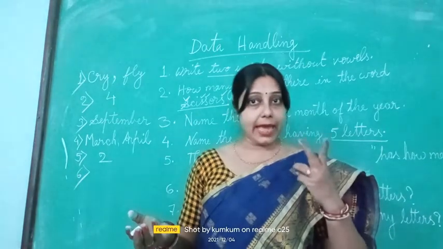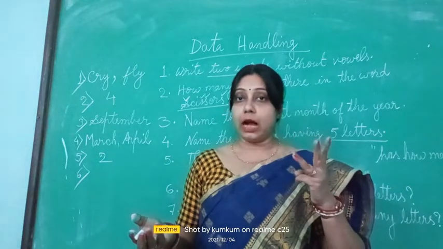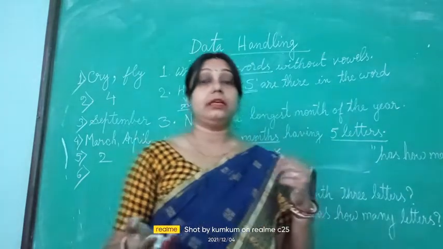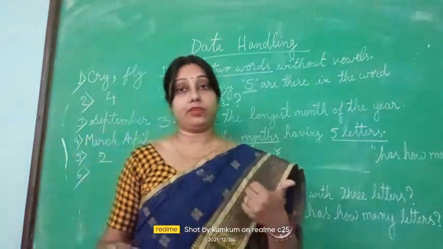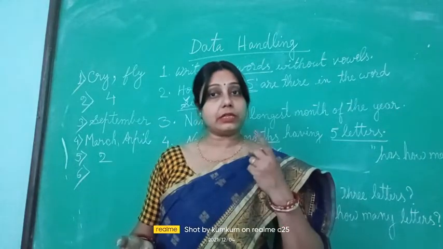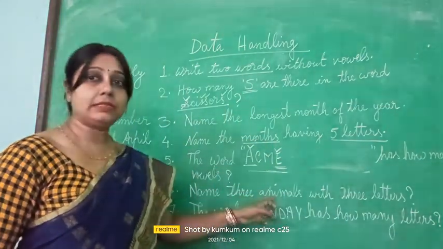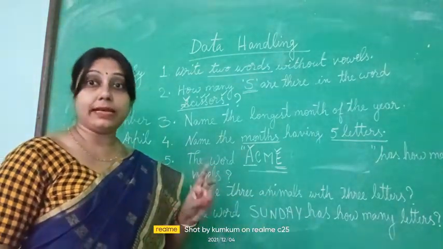Dog, cat. Another one, that is a domestic animal, cow. They all have 3 letters. Even pig, P-I-G, pig, they also have 3. Fox, F-O-X, fox, because here it is told any 3 animals.